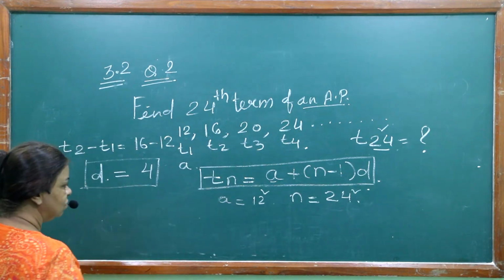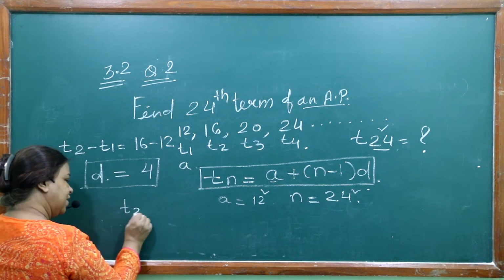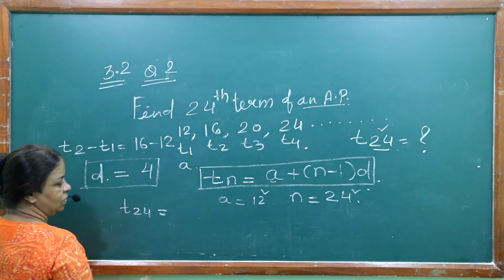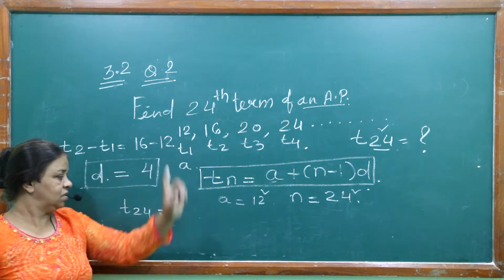Let us place the values. T24 is equal to A, which is 12, plus n minus 1, which is 24 minus 1, into D, which is 4.